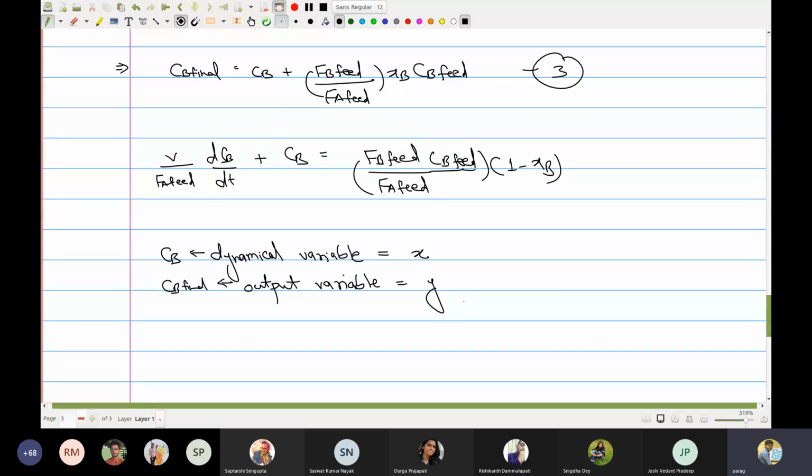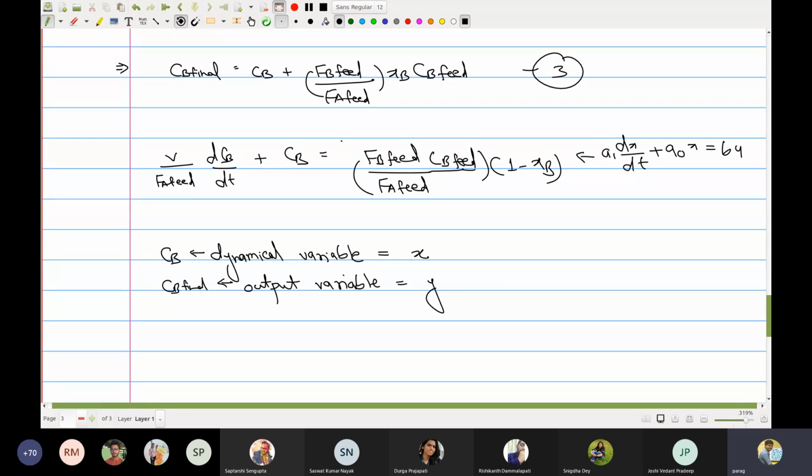Okay, and then we used to write such dynamical equations as dx by dt plus a0x equals b times the input variable, right? So I can identify this portion as my input variable. Is there a problem with 1 minus xb here? Or it is correct? No, it is correct.